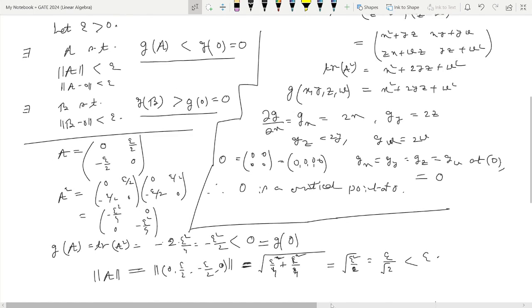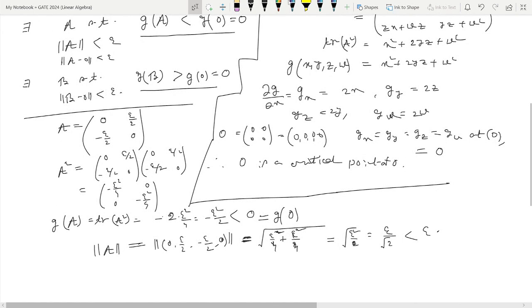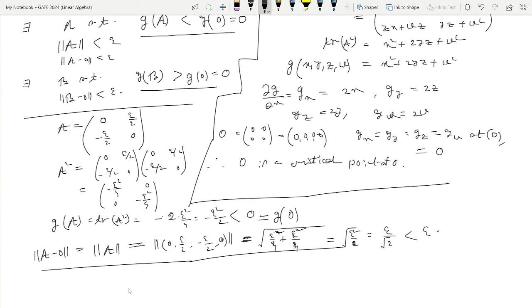So this is clearly less than epsilon because root 2 is greater than 1. So such A exists such that norm A less than epsilon, that is norm A minus 0 less than epsilon, and also GA less than G0. And similarly, we will just take matrix B equal to, say, simply delta by 2, 0, 0, delta by 2.